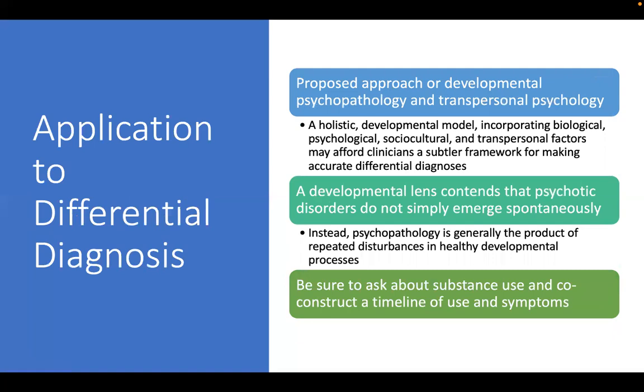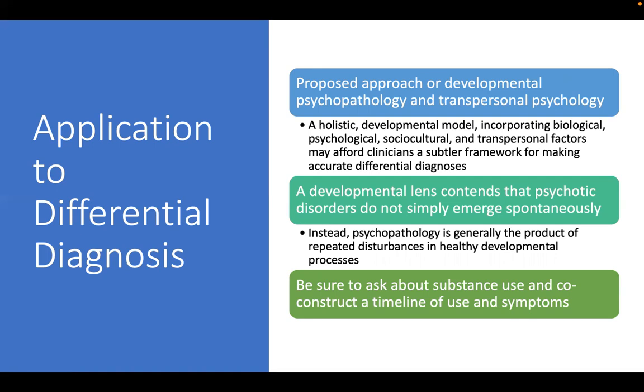So, application of differential diagnosis, this is the proposed approach. Like, why does it say or? Of developmental psychopathology and transpersonal psychology. Transpersonal means beyond the person. So the authors of this are proposing a holistic developmental model that incorporates biological, psychological, sociocultural, and transpersonal, which I think you could argue could be spiritual factors, that can afford the clinician a more subtle framework so that there are multiple data points being considered.